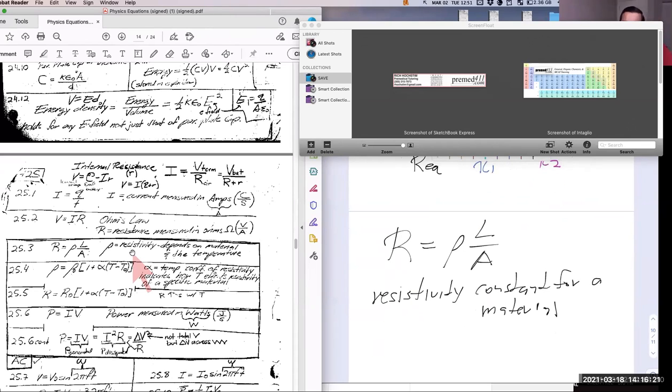Essentially what this formula is saying is that if we double the length, then the resistance is going to double, right? And if we double the area, the resistance is going to half, like that. Now, different materials have different resistivity, and you would just plug that in. So that's pretty much how that works.